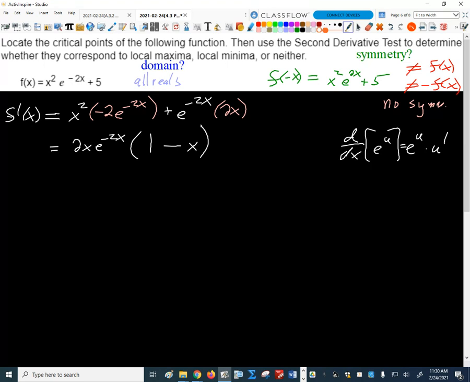No. How come? Because there's no place that causes any problems, right? I'm multiplying here. I've got 2x times this factor times this factor. None of those individual factors have any problems, so why would their product? 2x is defined everywhere. E to the negative 2x is defined everywhere, like we previously discussed, and 1 minus x is defined everywhere. So we can say with confidence that f prime is nowhere undefined.